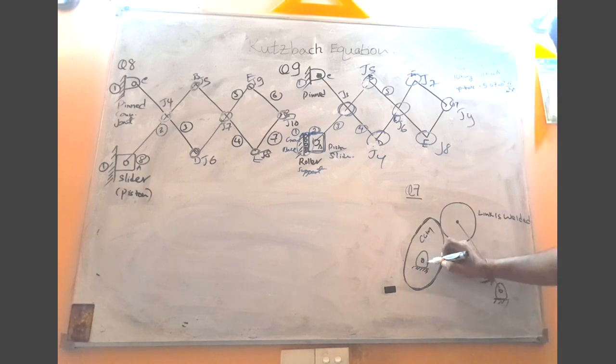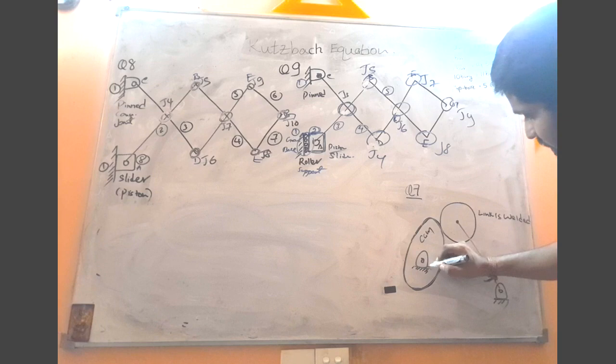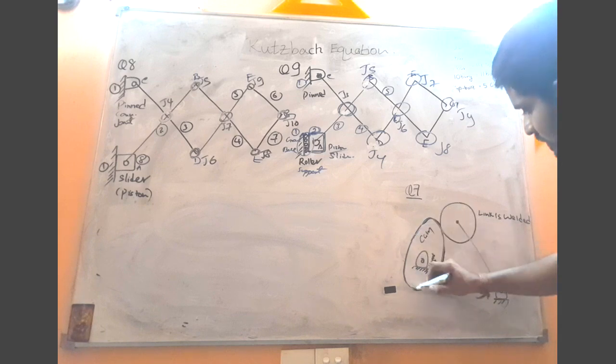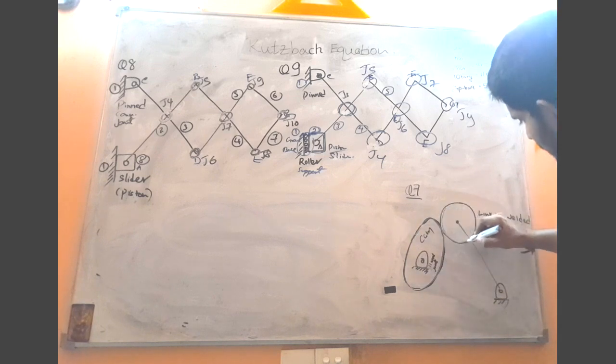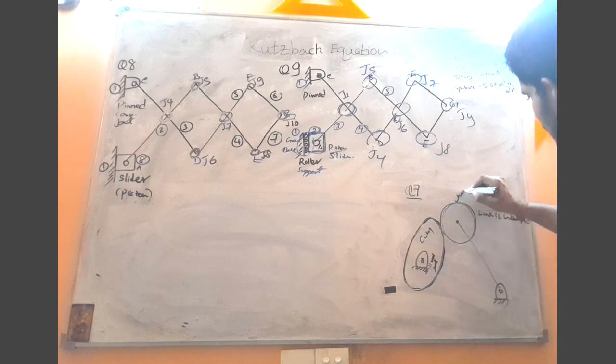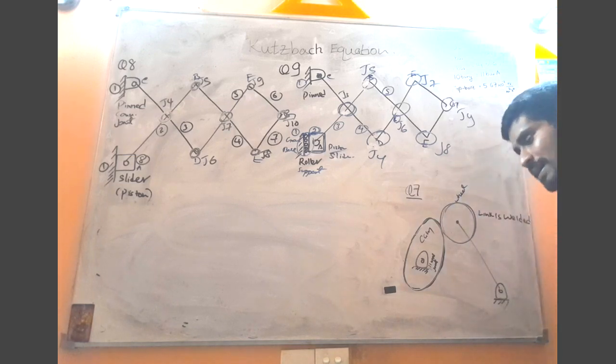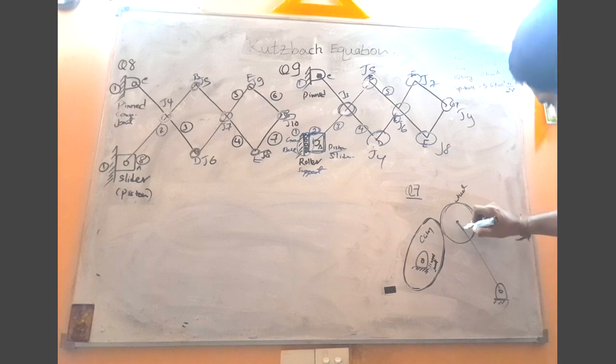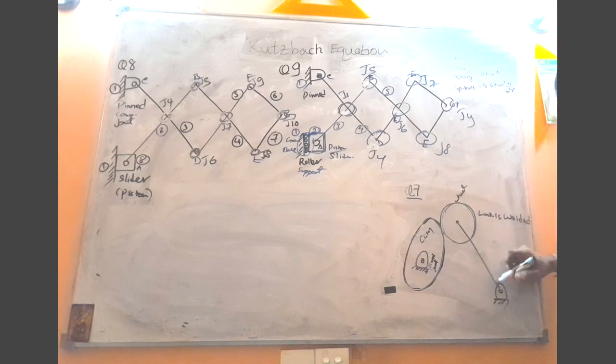Now here you can see the pinned joint. So this is the cam, and this is something like a wheel. And that wheel is again connected to a link. Can you see the link here?